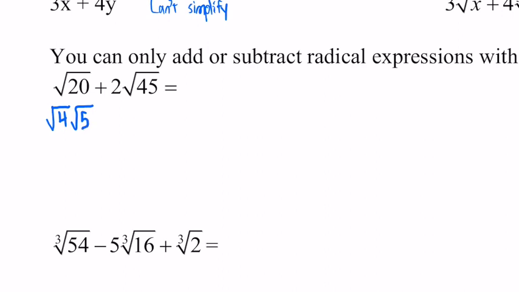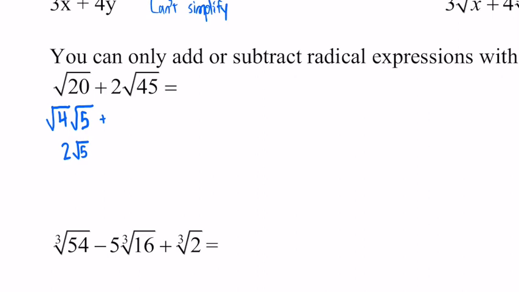Remember, you're looking for a perfect square like 4, 9, 16, 25 that is a factor of the number. And in this case, 4 goes into 20, and then the square root of 4 is 2. So our first portion here simplifies to be 2 square root of 5.